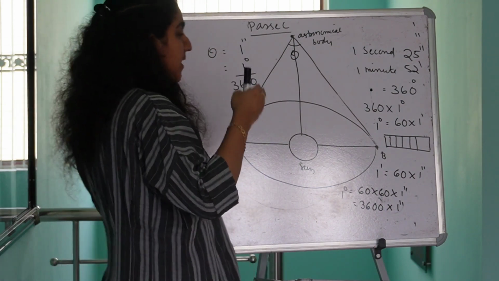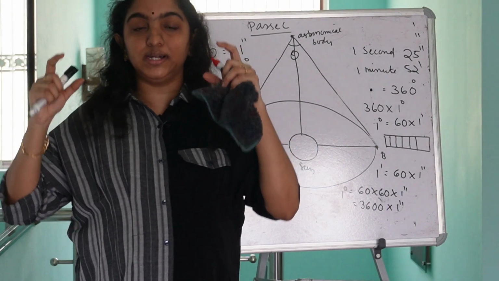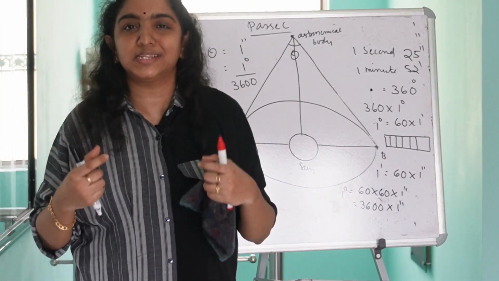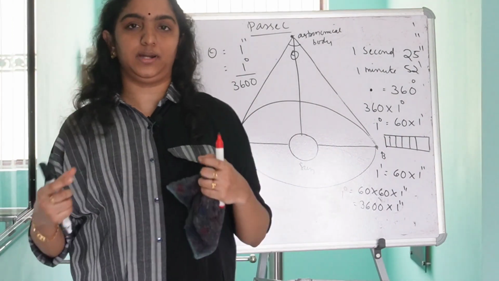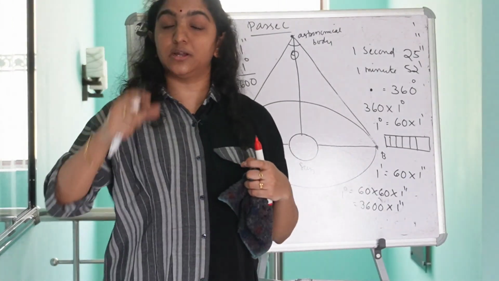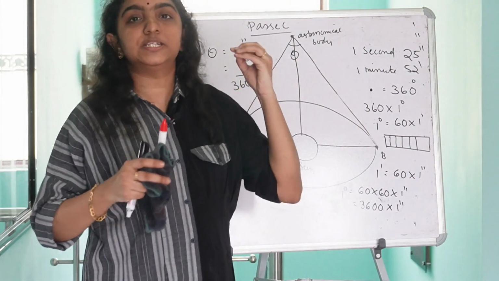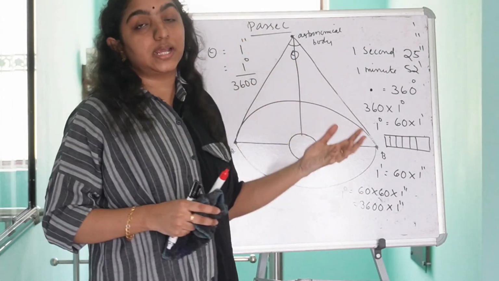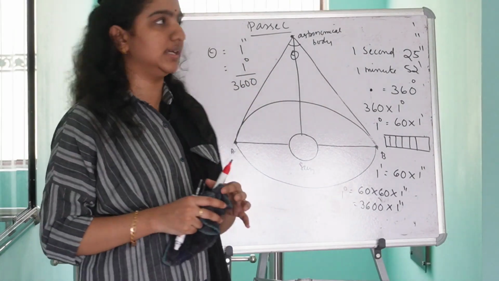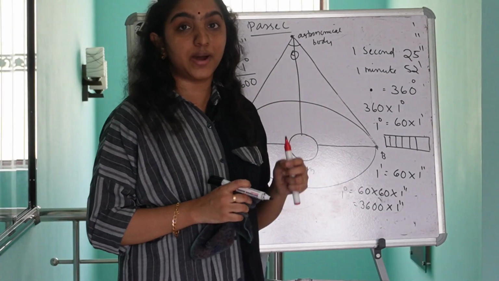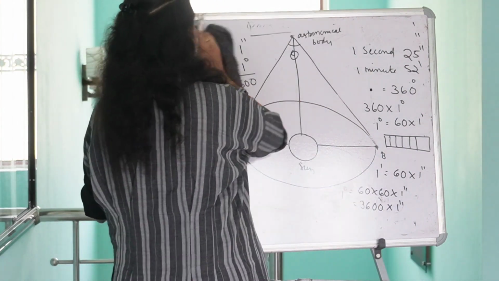I am dividing the whole 1 degree into 3600 equal parts. The angular measurement of each equal part is known as 1 arc second, or simply 1 second. It's one and the same. There is no difference. Is it clear, guys? Parsec? Yes.